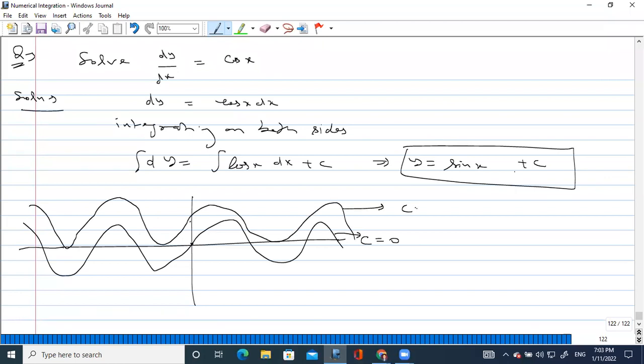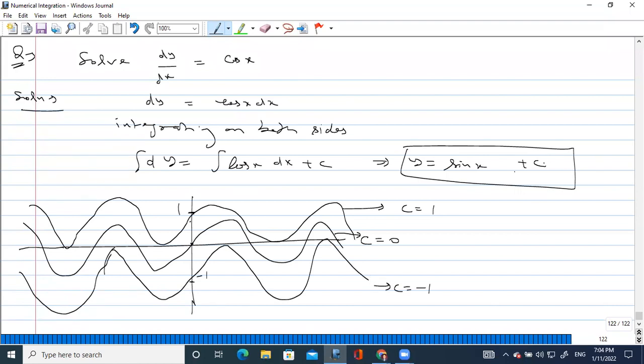Suppose this is for c equal to 1, so it will touch here at 1 like this. If it is c equal to minus 1, then it will touch at minus 1. Then the shape will be the same. So like this the curve will be.